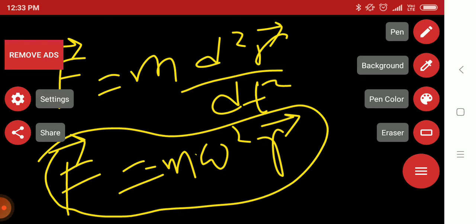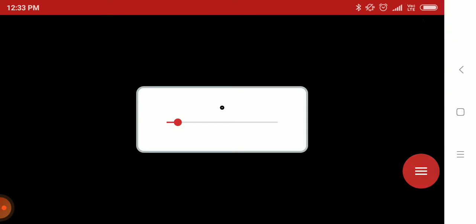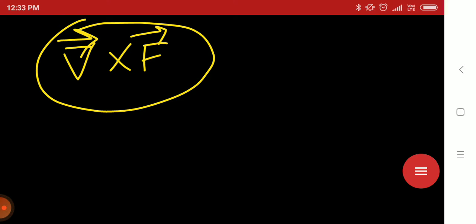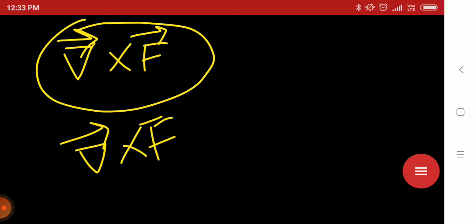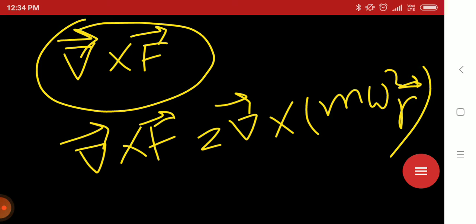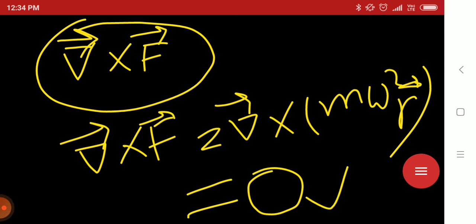To check for a conservative force field, we take the curl of F, that is the curl of m omega square r, and we get 0.